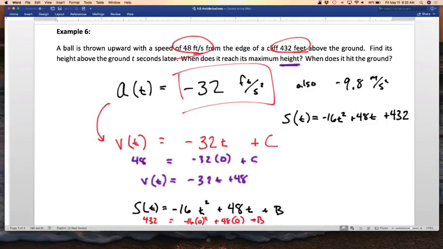So before we look at the actual question itself and determine whether or not we've answered it, I want to point something out. When you were given the vertical motion model for the first time in probably Algebra 1, you were basically given negative 16 t squared plus v naught t plus h naught equals s. So your position equals negative 16 t squared plus initial velocity times t plus initial height.